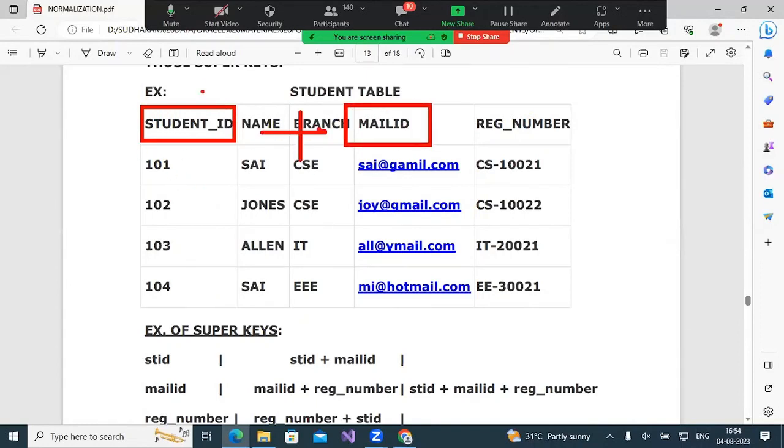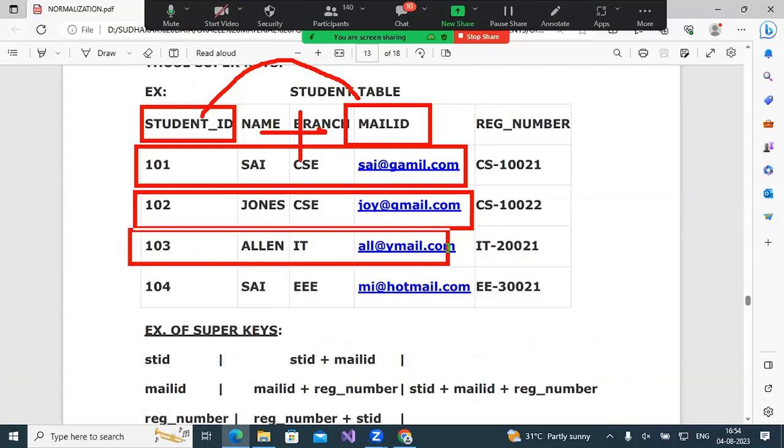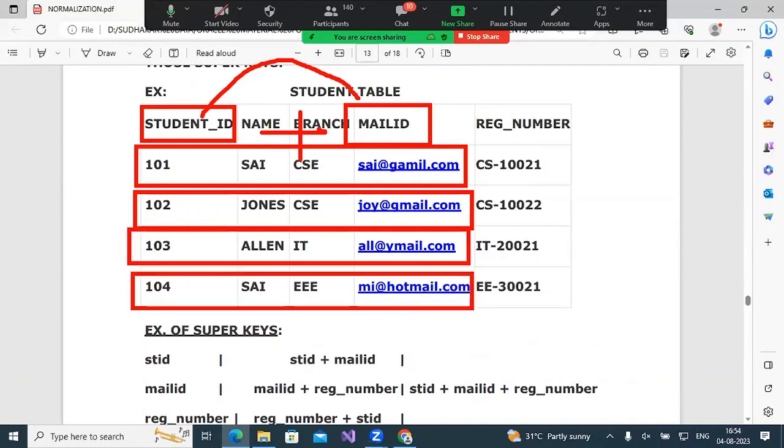Once you combine the data, do you have any duplicates? No. This combination also identifies a row with uniqueness, yes? So student ID plus mail ID is also called a super key.